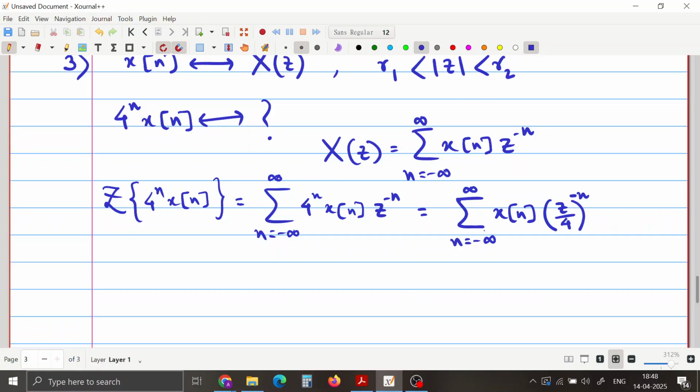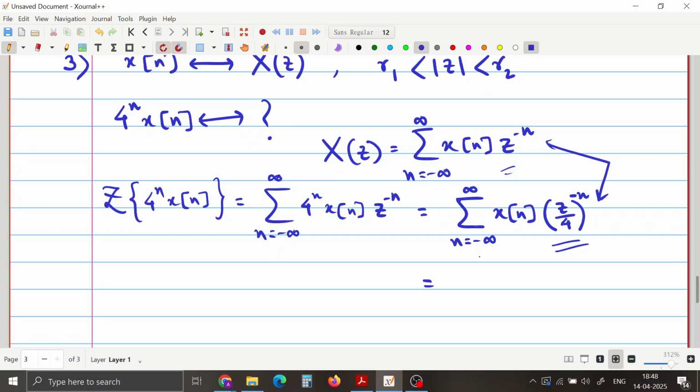So now you see these two are in almost the same form, with the only exception being that here I have z by 4 instead of z.